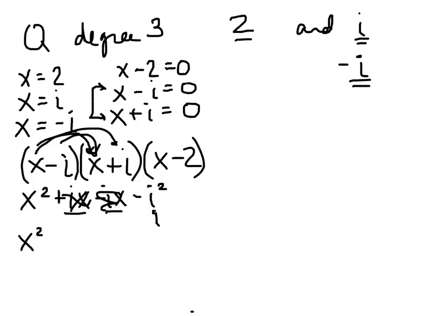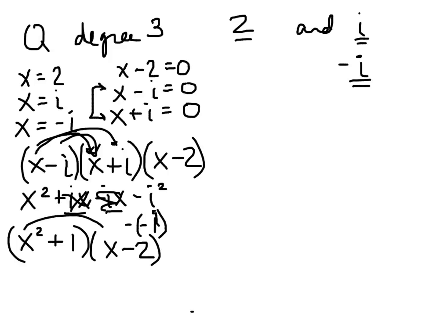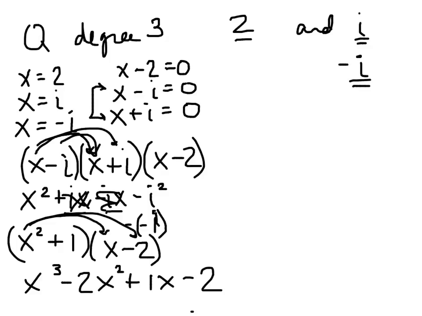So that's a negative 1, which means that's plus 1, giving x squared plus 1. And now I FOIL it with my last one, and we get our final answer. So that's x to the third minus 2x squared plus 1x minus 2, and that would equal q of x, because we use q for this one.